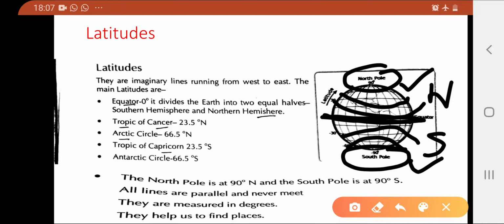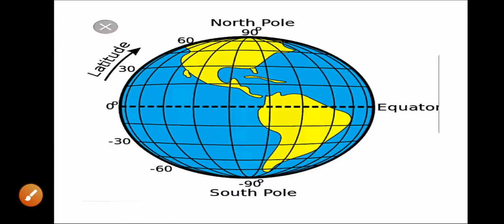And why do we need to study about the latitudes and longitudes? Because due to those imaginary lines on the globe, we understand the location of the places. Okay children, these degrees help us in finding out the places in the world, right, children?